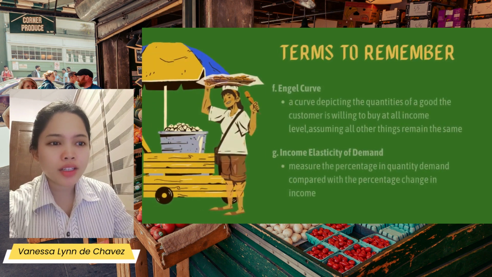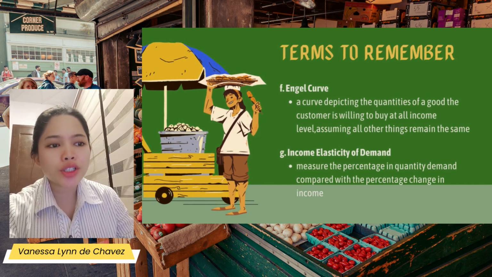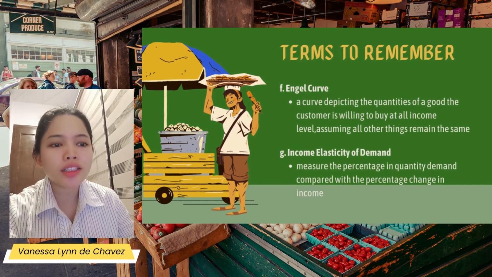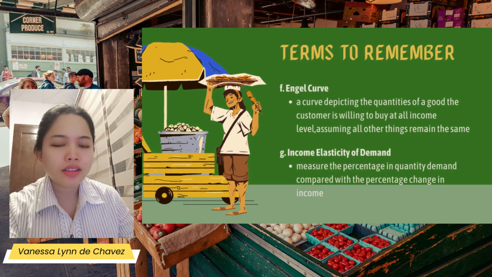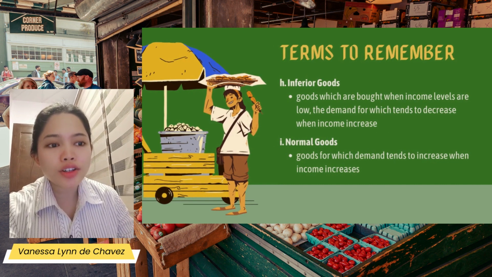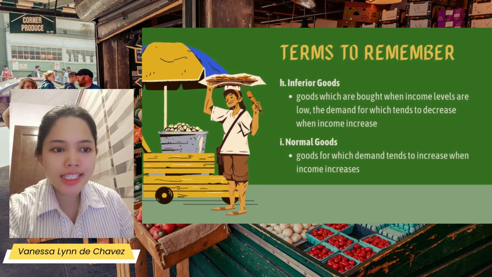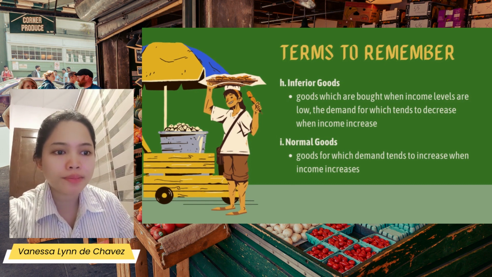Engel curve. It is a curve depicting the quantities of a good the customer is willing to buy at all income levels. Income elasticity of demand measures the percentage change in quantity demanded compared with the percentage change in income. Inferior goods. These are goods which are bought when income levels are low, the demand of which tends to decrease when income increases, while normal goods are goods for which demand tends to increase when income increases.